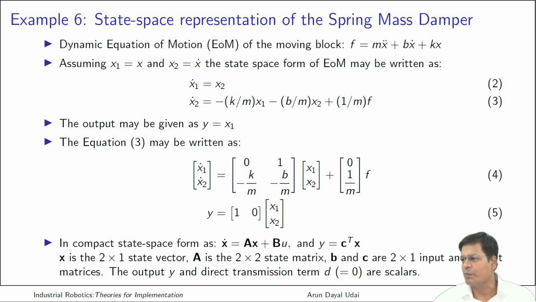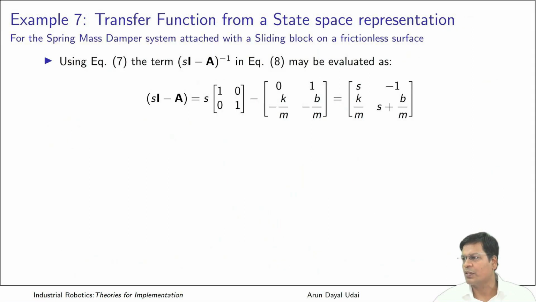So copying that from here, I can now put all those values into this. sI is, because I know it was a second order system, I is compatible, so its diagonal elements are 1, so it is sI minus A. This is A that comes here. If I do that, I'll get this.